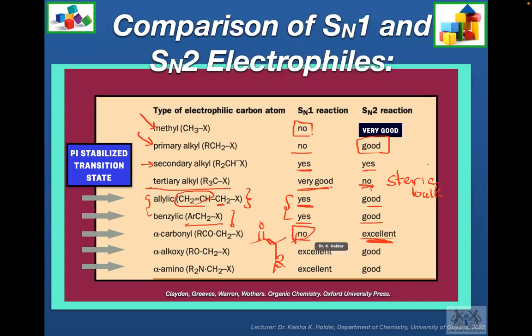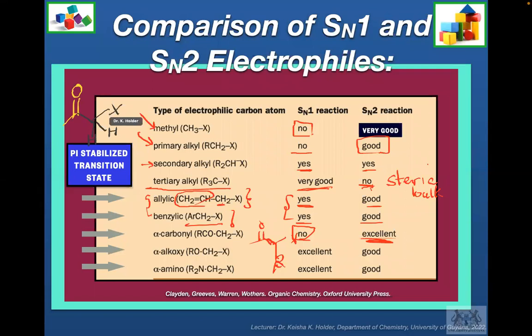So in other words, I'm going to draw this over here where we can have better lighting so that you guys can see. Your alpha carbonyl electrophile is one where, let's say we have something like this, and this is where our leaving group is.